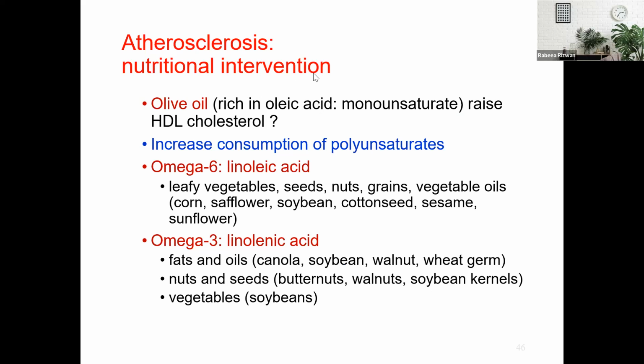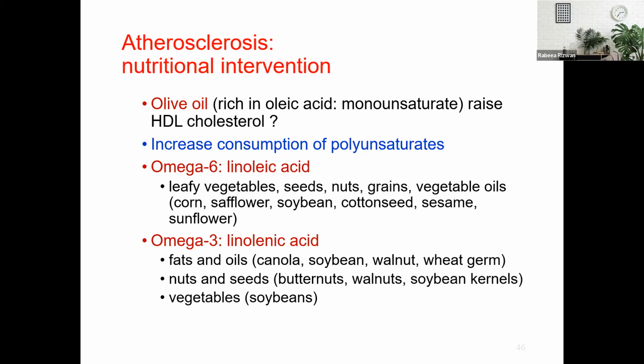So what are the nutrition interventions? Research found that using olive oil and omega-6 and omega-3, which are good fatty acids, is healthy for the diet and decreases the chances of atherosclerosis. Why? Because olive oil contains oleic acid, which is the chemical name of a good fat. It is a monounsaturated fat.